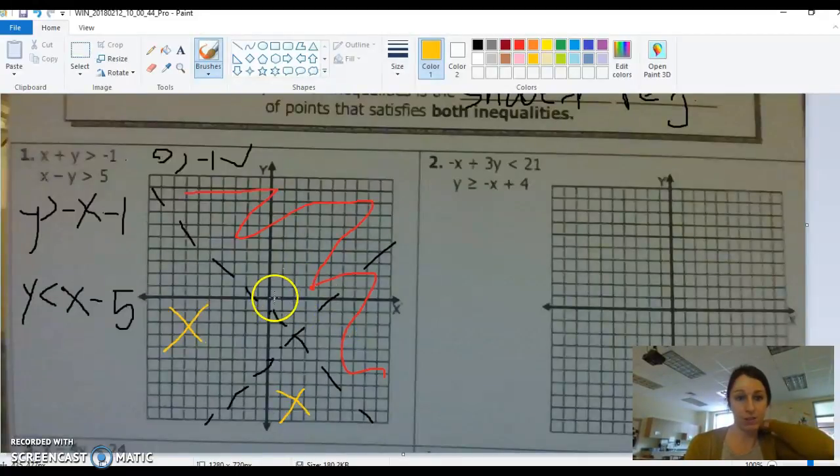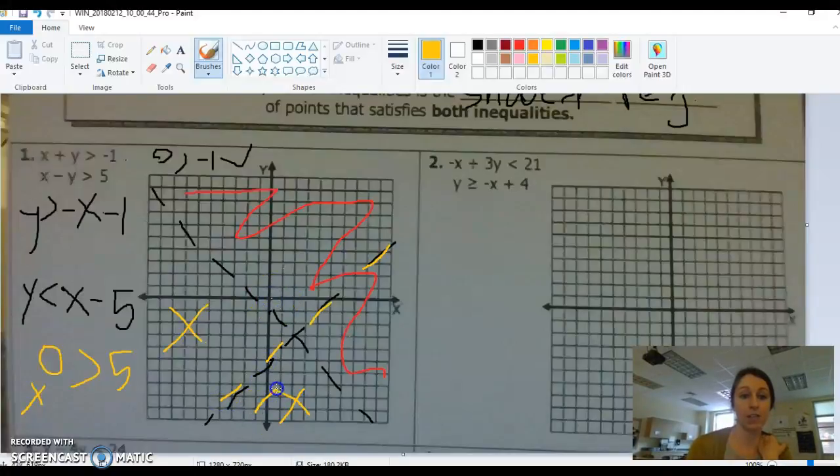So we're going to try 0, 0 as a test point to this line. And when we plug it in, 0 is greater than 5, which is not true. So 0, 0 does not work for this line right here. And 0, 0 is here.